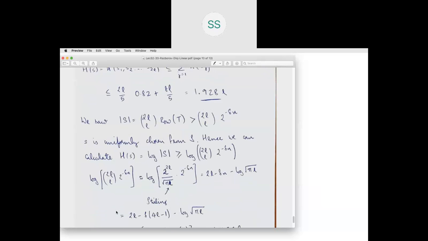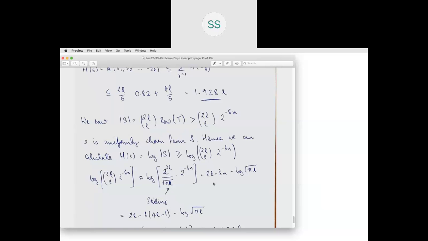And now we use our very familiar Stirling's approximation. 2L choose L is roughly 2 power 2L divided by square root of pi L, times 2 power minus delta n. So I can write it as 2L from here, minus delta n from here, minus log of square root of pi L. So this follows by Stirling, you can work it out.